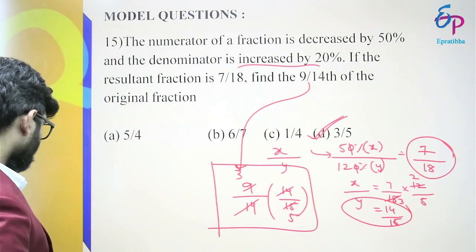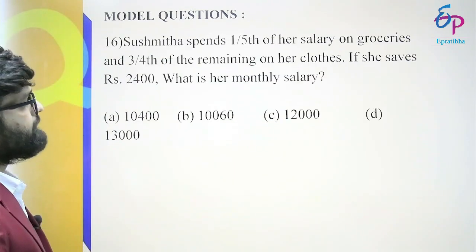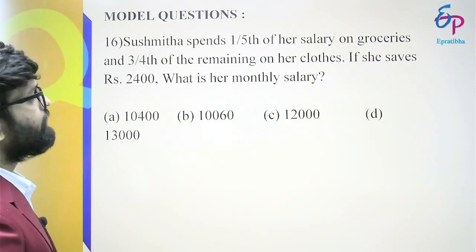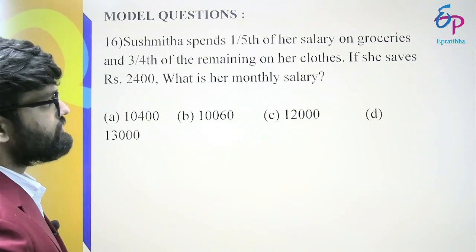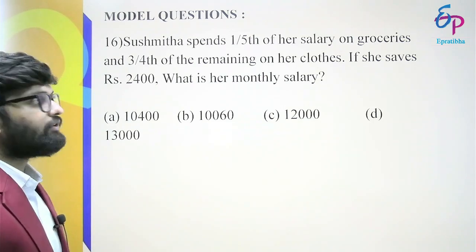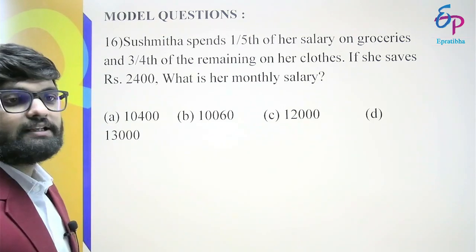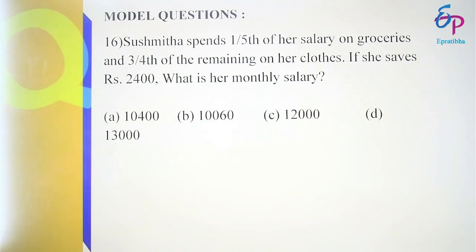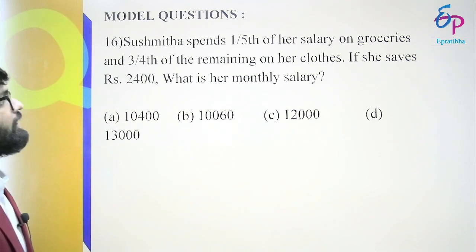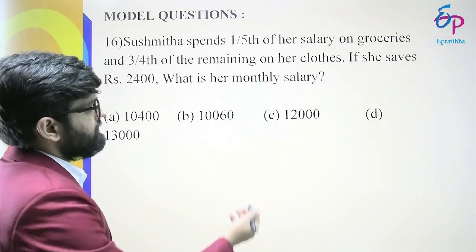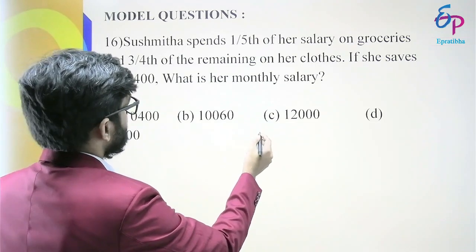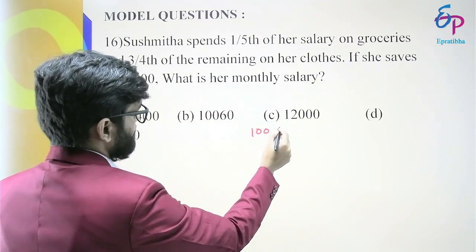Moving on. Sushmita spends 1/5 of her salary on groceries and 3/4 of the remaining on her clothes. If she saves 2400, what is her monthly salary? Now how to solve this question? You can go with option verification as well. Suppose her total salary is 100%.